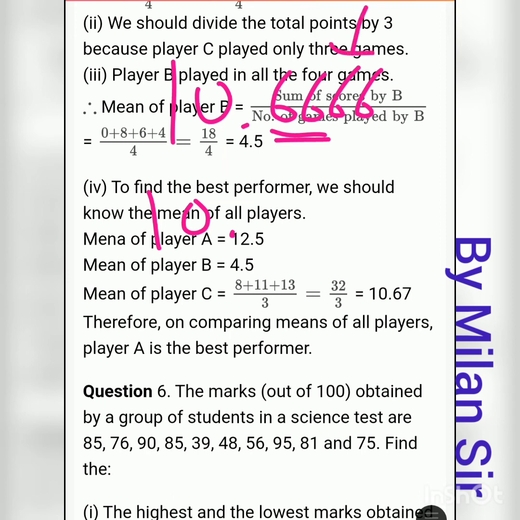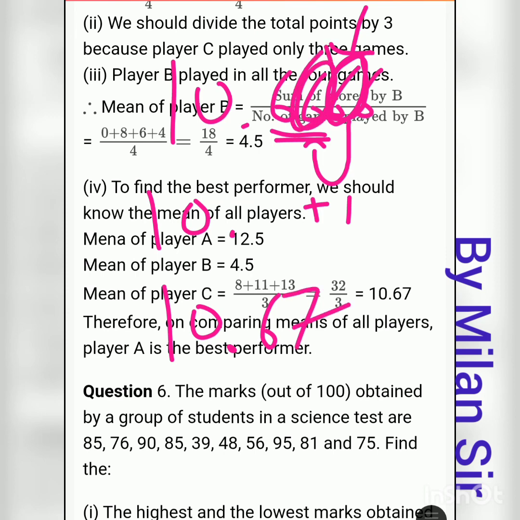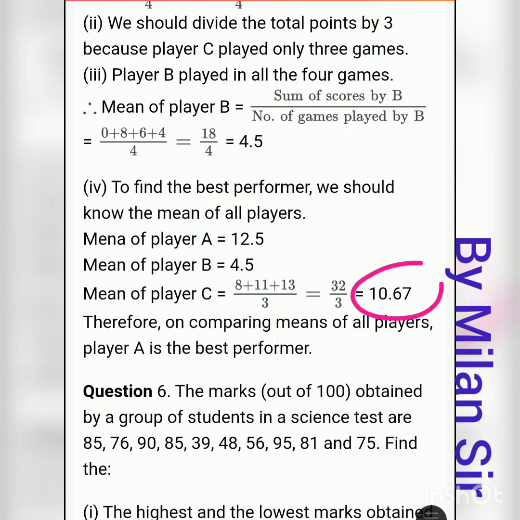If our third digit is 5 or more than 5, we need to add 1 to the second digit. And if it is less than 5, we write the answer as it is. So here we would write 10.6, but our third digit is more than 5, so we need to add 1 to make it 67. So 10.67, this is the answer.